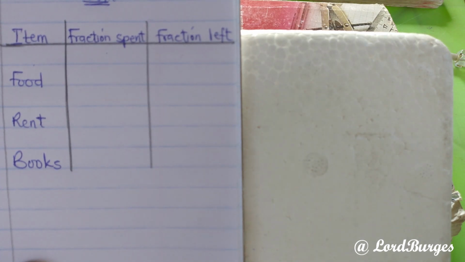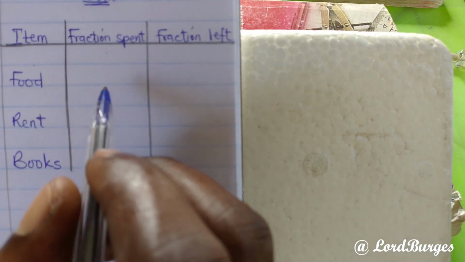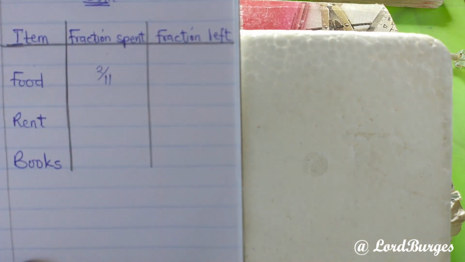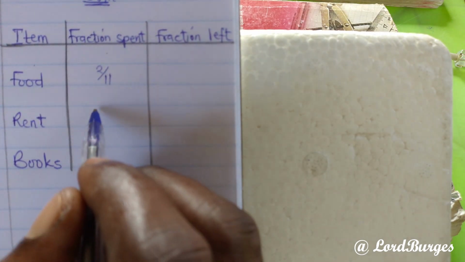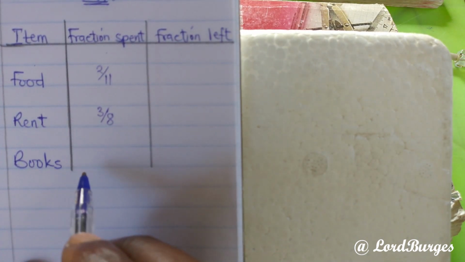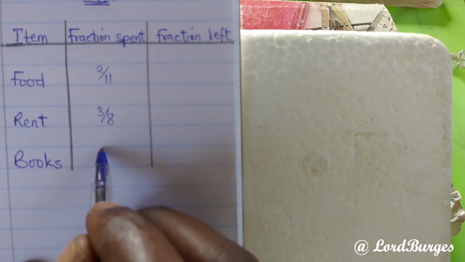So we take the individual fractions of all the items. We realize from our question that food is 2/11. Rent is 3/8. And books is 1/9.